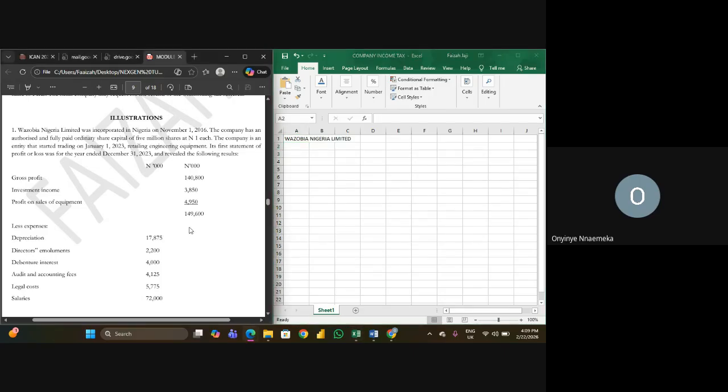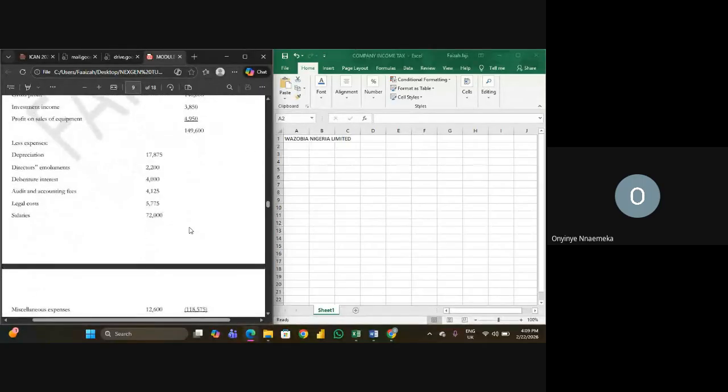Wazobia Nigeria Limited was incorporated in Nigeria on November 1st, 2016. The company had an authorized and fully paid ordinary share capital of 5 million shares at €1 each, and the company is an entity that started trading on January 1st, 2023, retailing engineering equipment. The first statement of profit or loss for the year ended December 31st, 2023, revealed the following results.